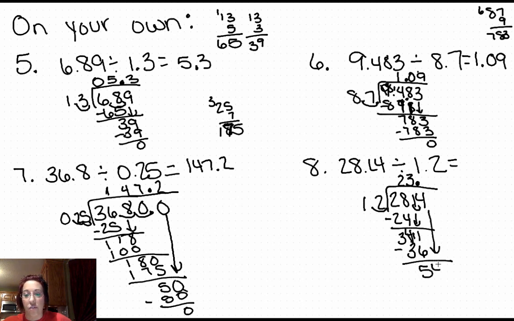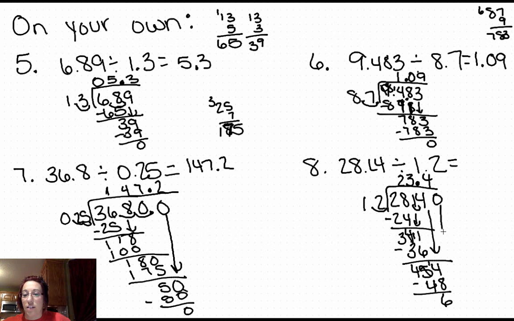Bring down the 4. 12, 24, 36, 48 is going to be as close as I can get. That would be 6.